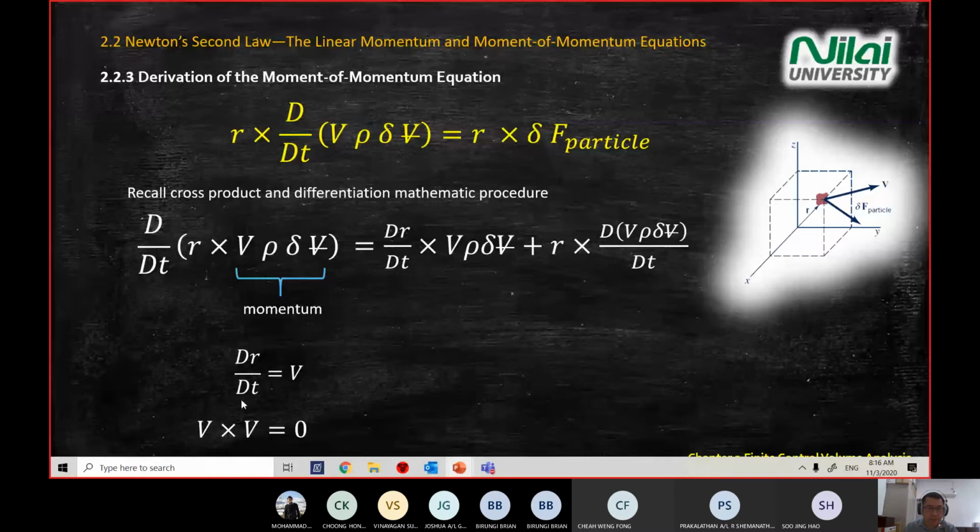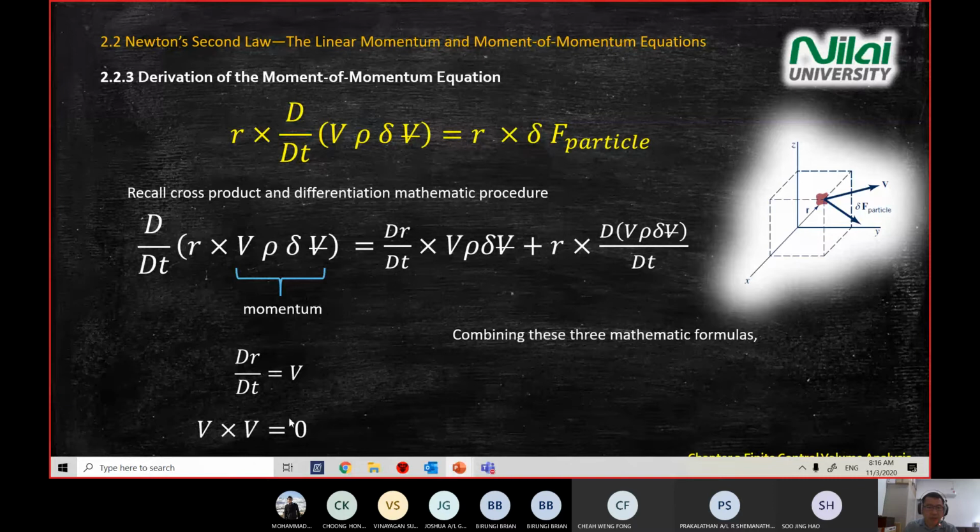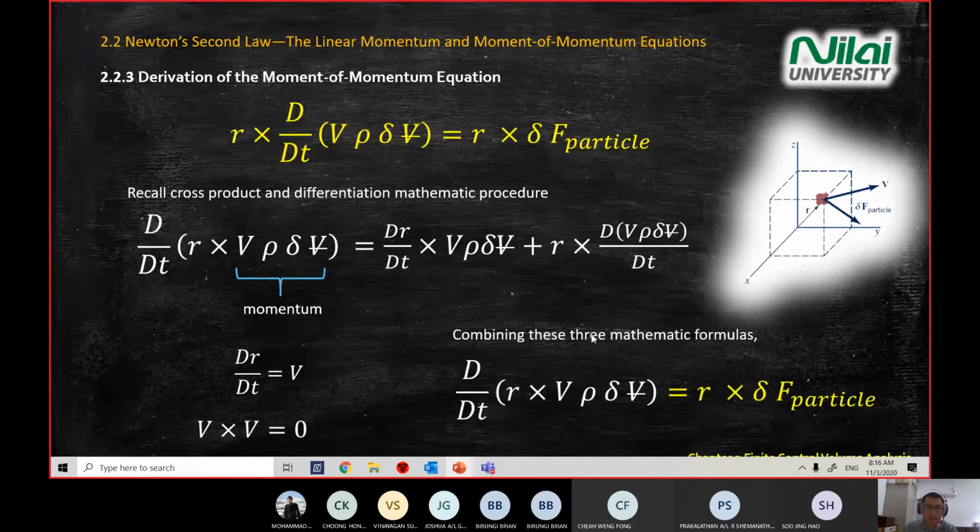This is a cross product equation. So we combine this equation, this equation, and this equation, and at the end we get this equation. On the right hand side, you will arrive at r cross the change of force.